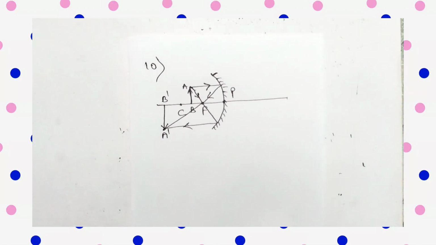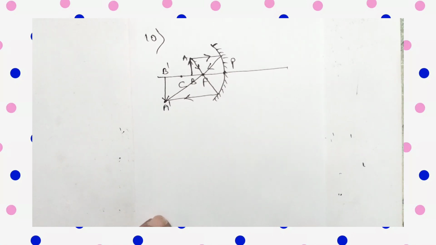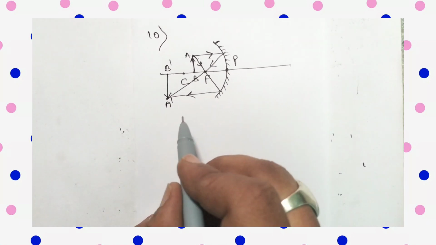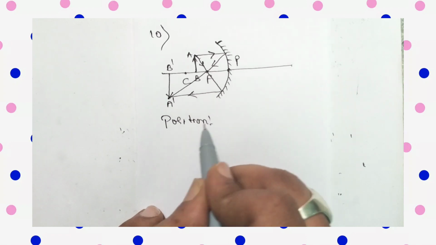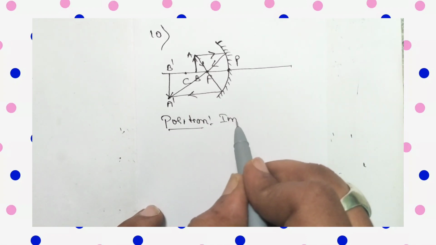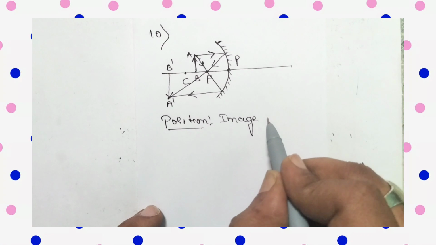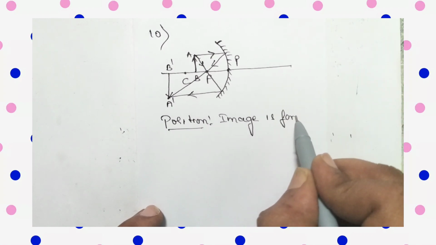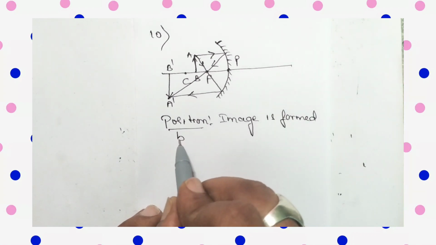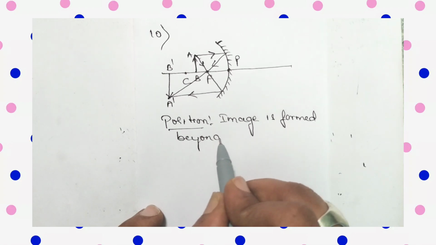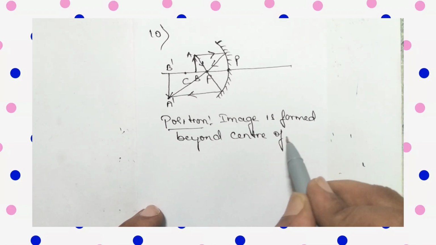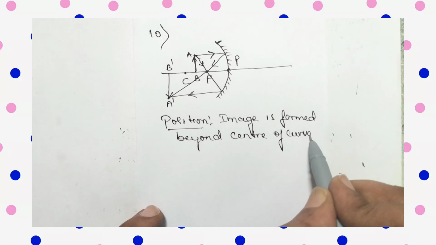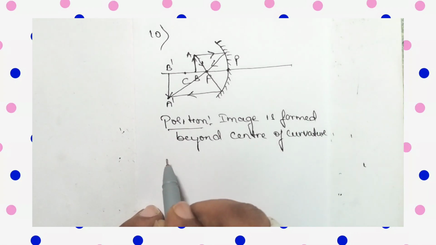Now let us write what they ask, the position and nature of the image. First let us write the position. The position of the image: the image is formed behind the center of curvature, that is C. One.